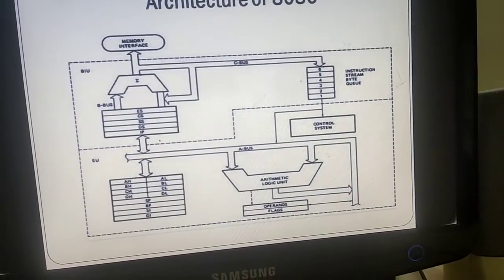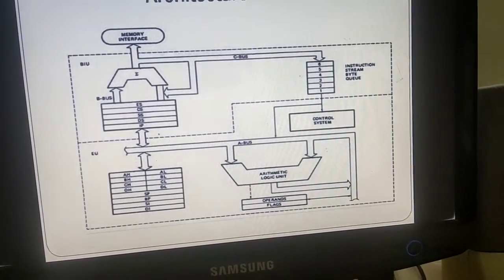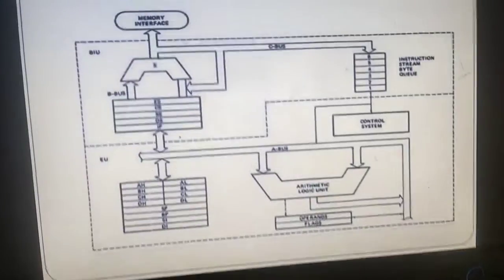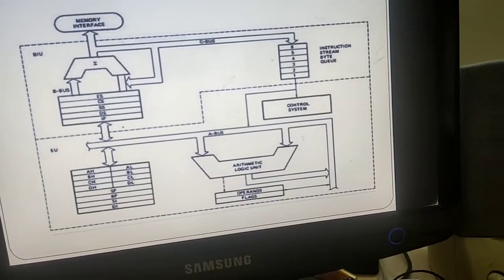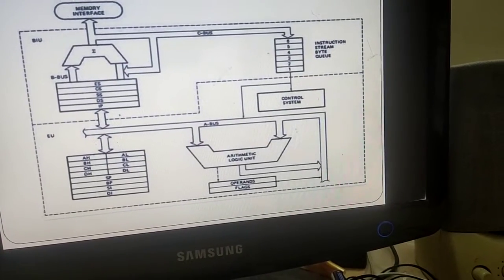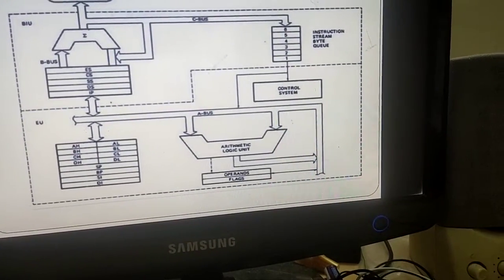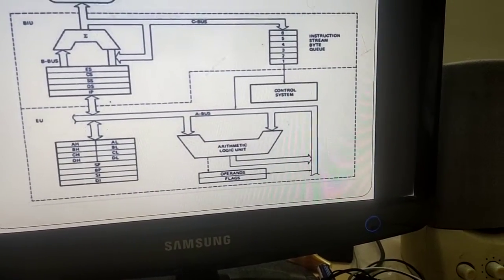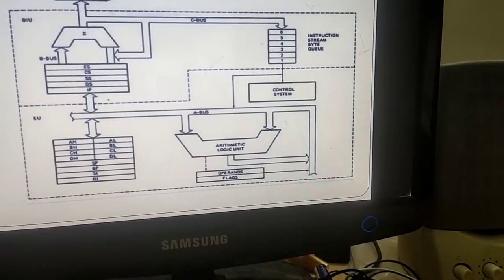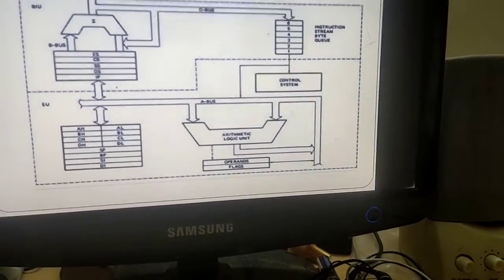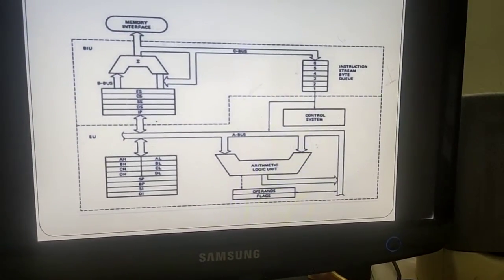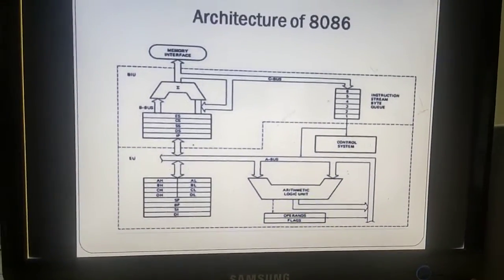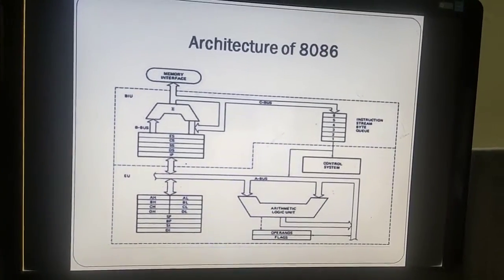One is your BIU, that is your bus interface unit, and the second one is your execution unit, that is EU. So the entire architecture can be divided into these two parts, and each part has an independent working methodology when compared to another. So let us see all these parts, explaining them in detail with respect to 8085 architecture.